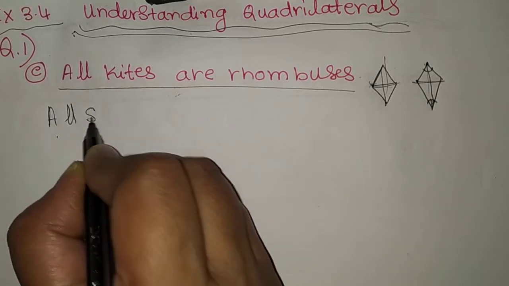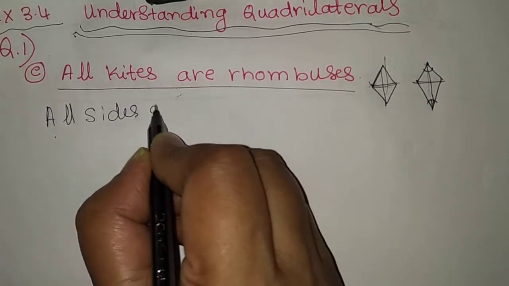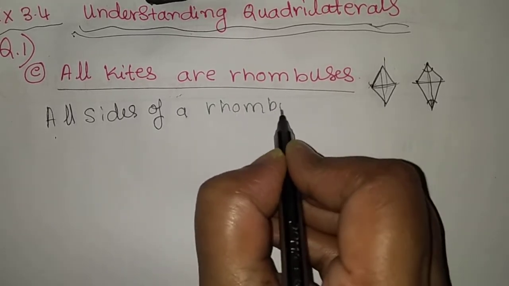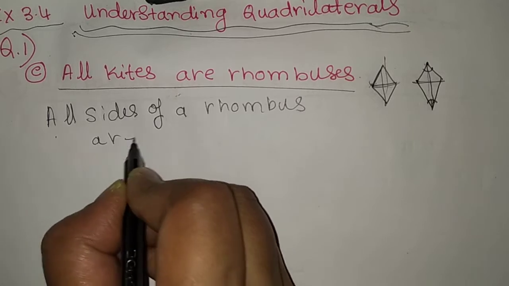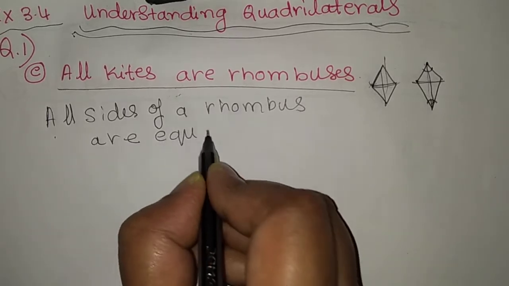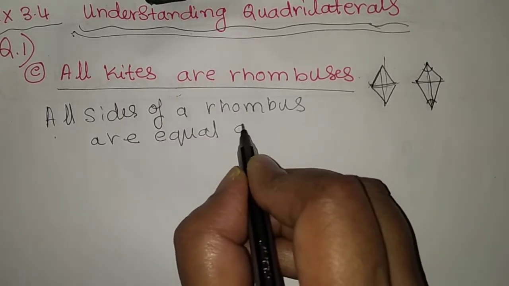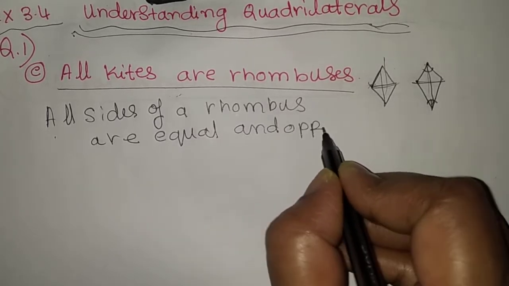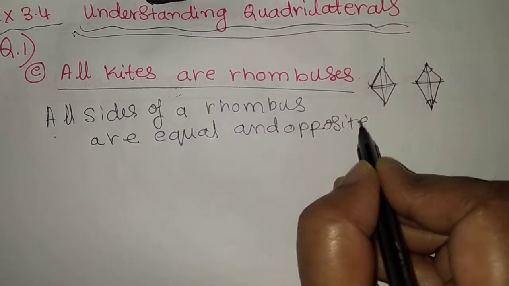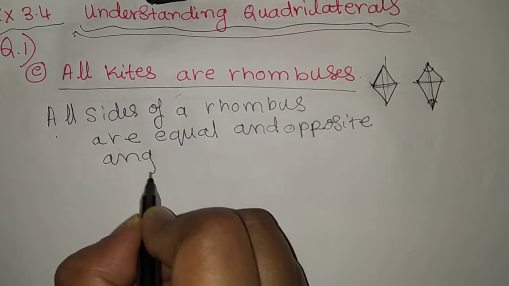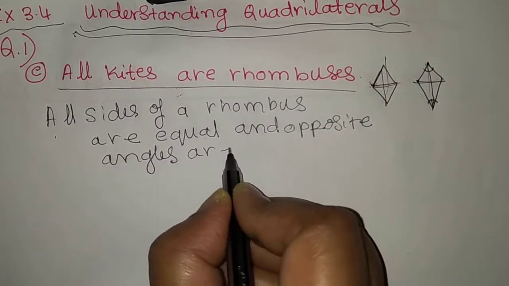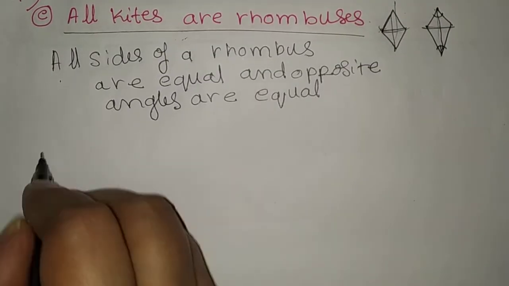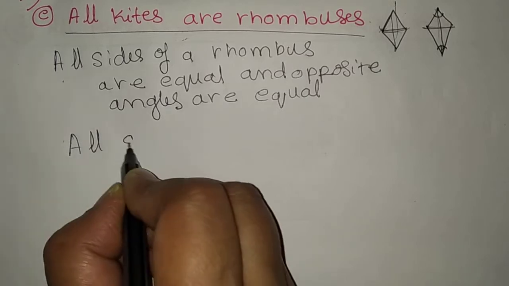See, all sides of a rhombus are equal and opposite angles are equal, and by seeing the figure only we can tell that the answer is false. So the next point is all kites.